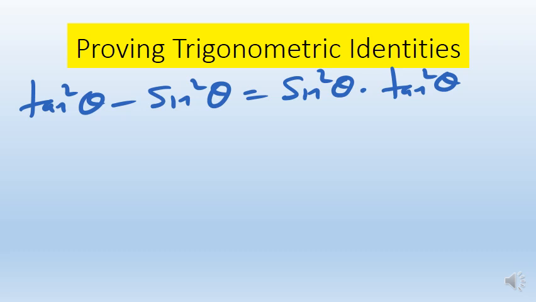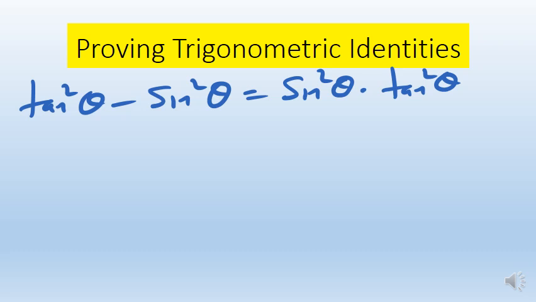So you've got to choose a side to work with. In this case, I'm going to choose the left hand side. I'm going to simplify that, and hopefully I can show that it's identical to the right hand side. So when you look at proving identities, do not mix left and right. Keep them separate.